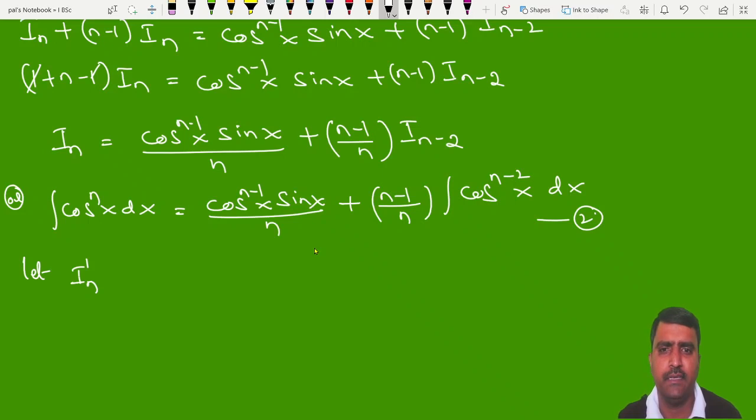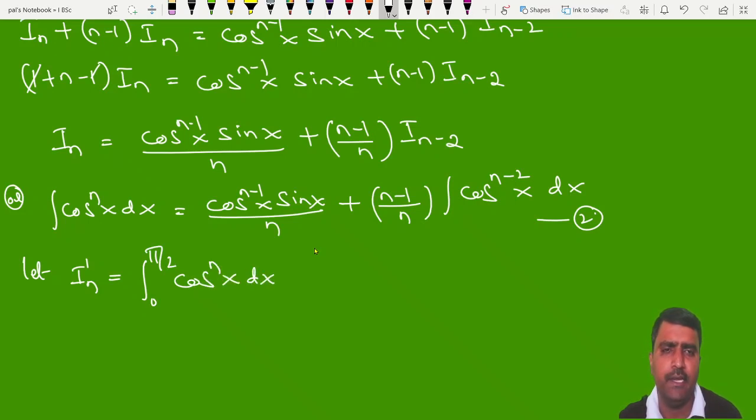I am taking I n dash because I am already using In here. I n dash is equal to integration from 0 to pi by 2 of cos to the power n x dx.